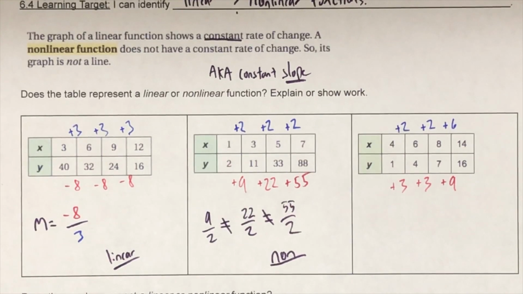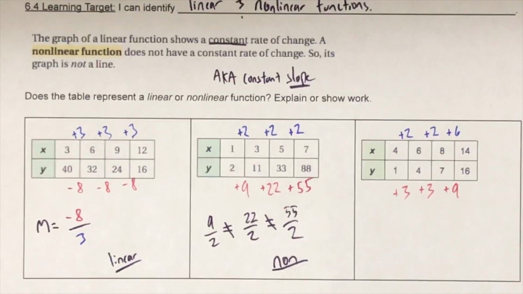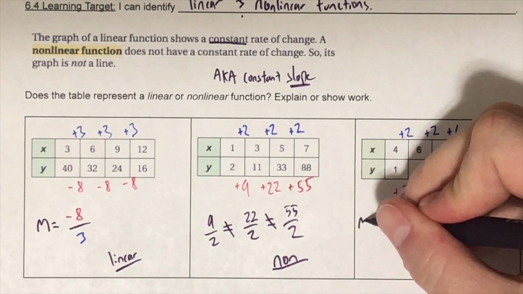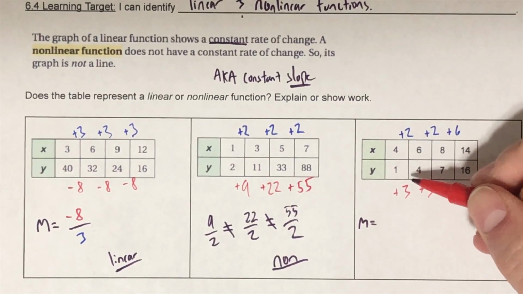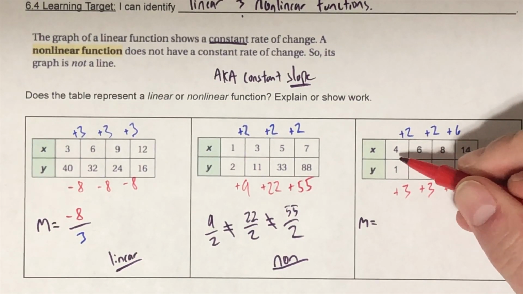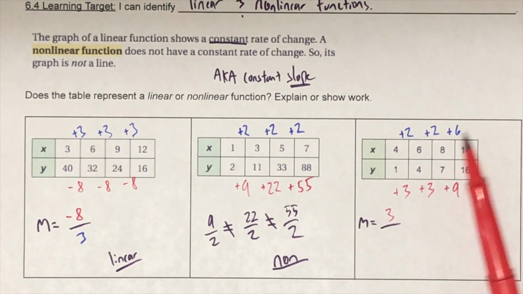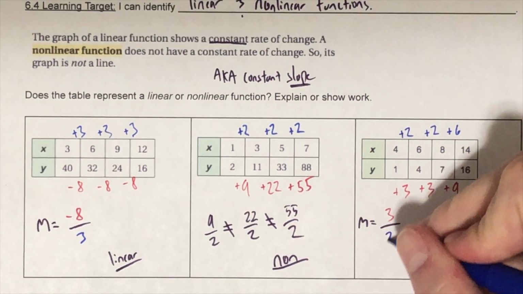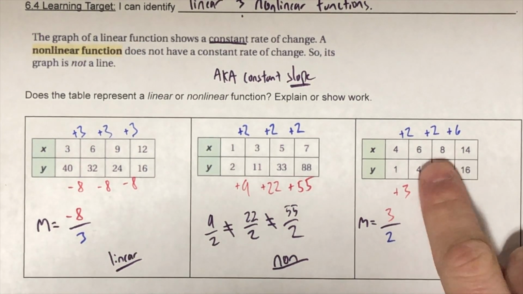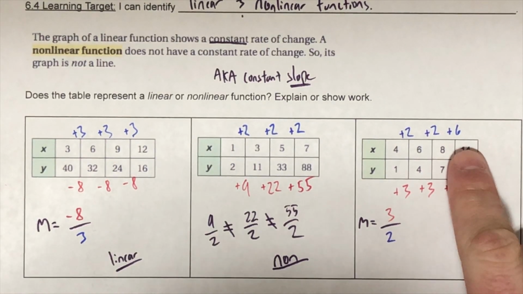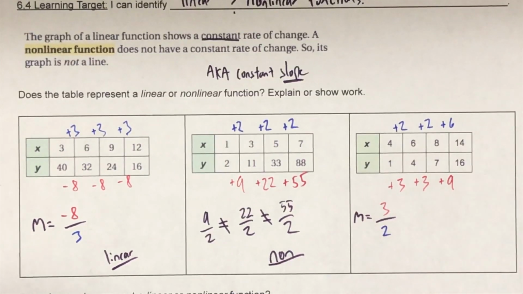Well, very interesting. You might think that this is nonlinear, but it turns out I could write this slope as up 3 over 2. 3 over 2, that's the slope between 2 points. And then between these 2 points, I'm up 9 over 6.